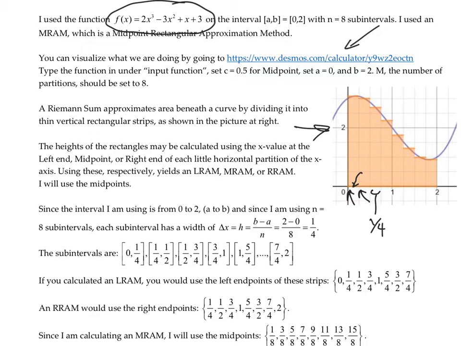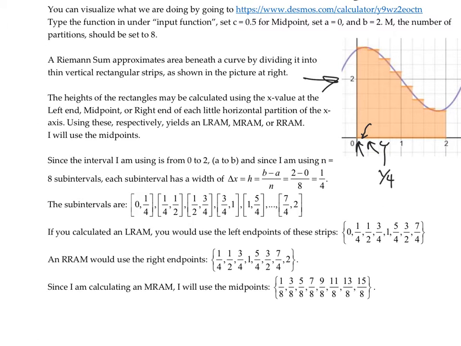If you were calculating an LRAM, you would calculate the function value at the left endpoint of each strip. So at 0, a quarter, a half, up to 7/4. An RRAM would use the right endpoints. Since I'm using an MRAM, I'll use the midpoints, which are listed here.